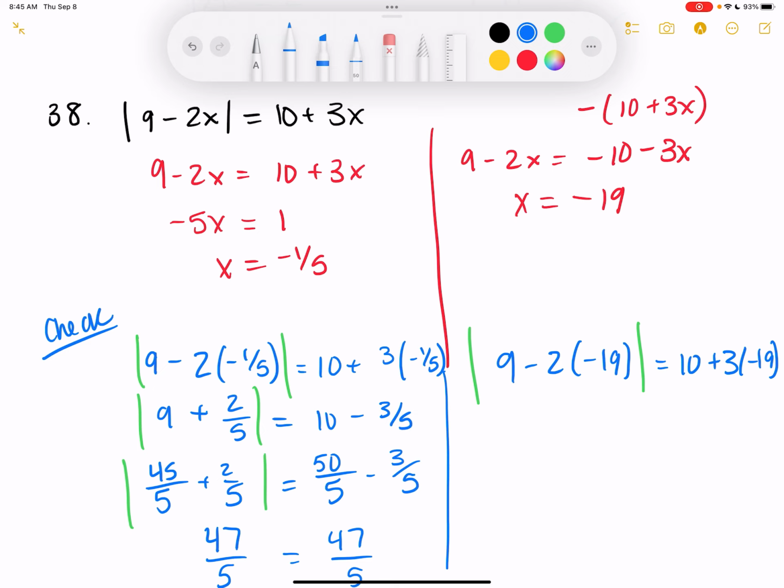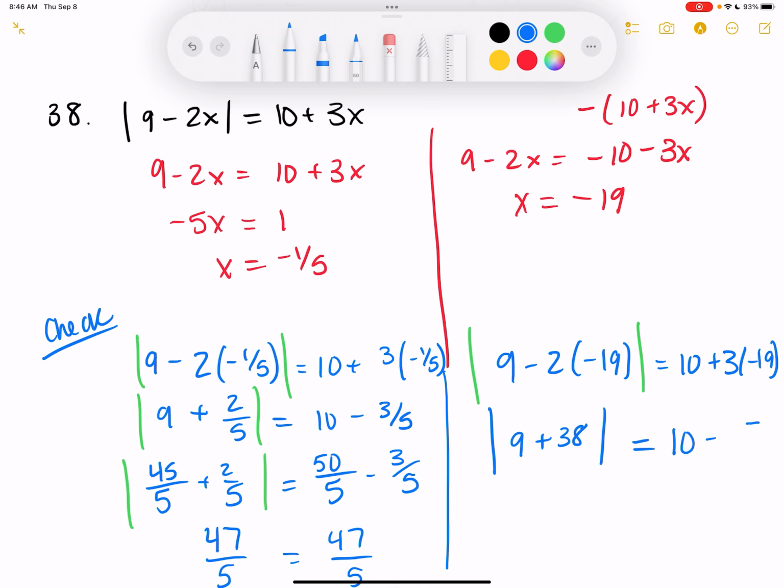So what does that give me in the absolute value on the left? 9 plus 38. And what do I have on the right? Negative 10 plus 38. Negative 10 plus 10 minus 57.